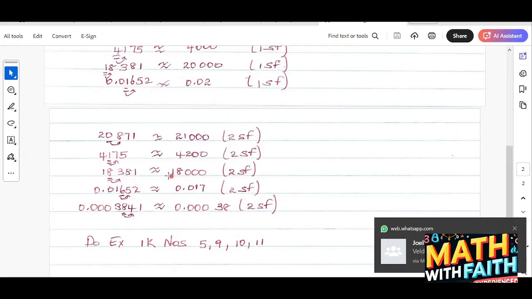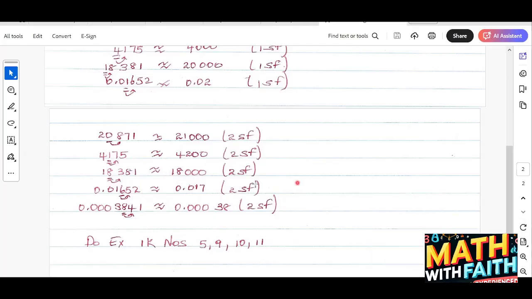Less than 5, we keep this number the same, so it remains as 8. So this will be approximately, we keep the 1, we keep the 8, and we fill the rest with 0. So it's approximately 18,000 to 2 significant figures.